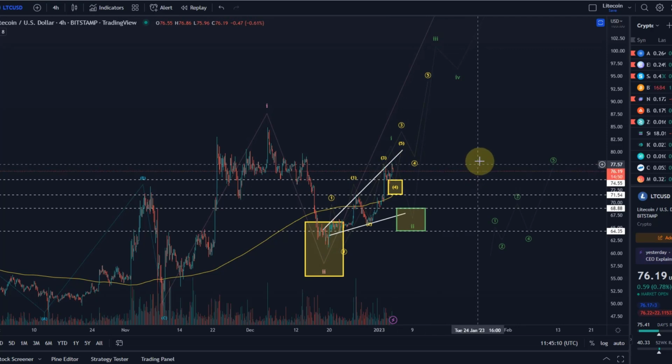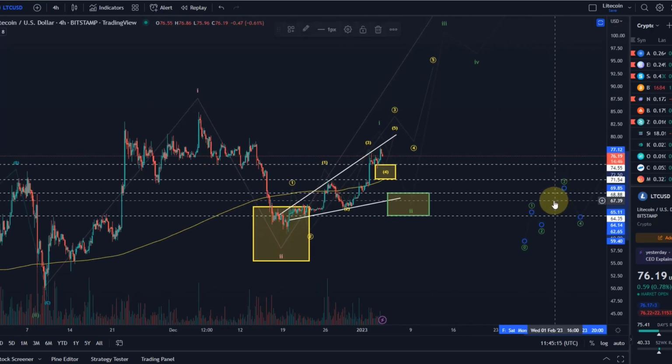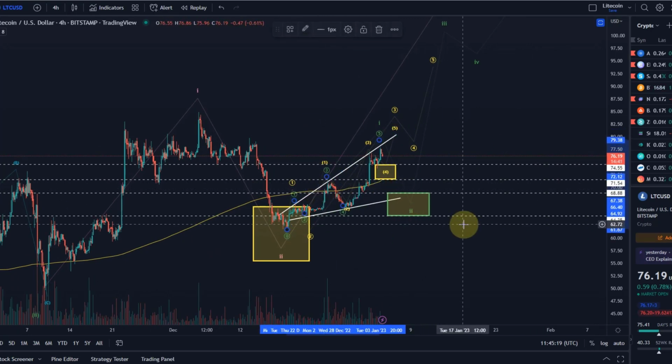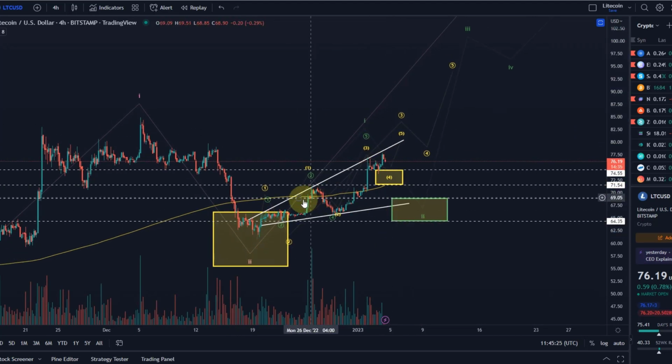There is also another possibility where we say, okay, we've got the green count. That would actually need to sit here. With the green count, we count this as a leading diagonal, each of the subwaves as an ABC, 1, 2, 3, 4, and 5.